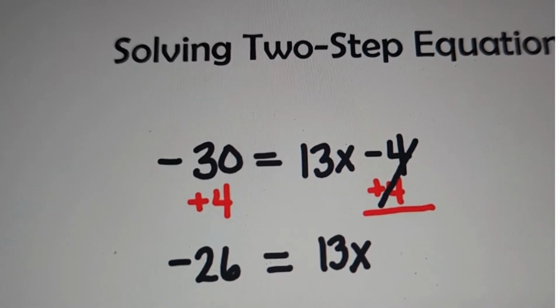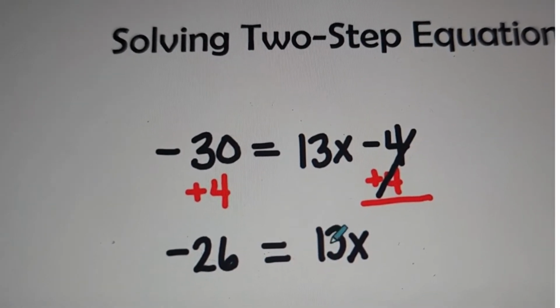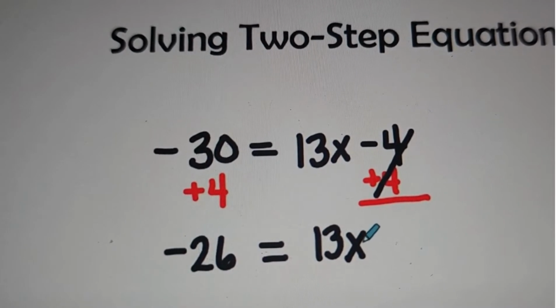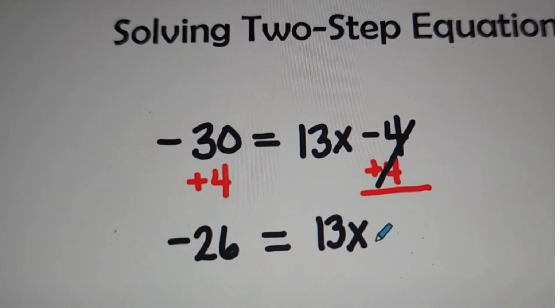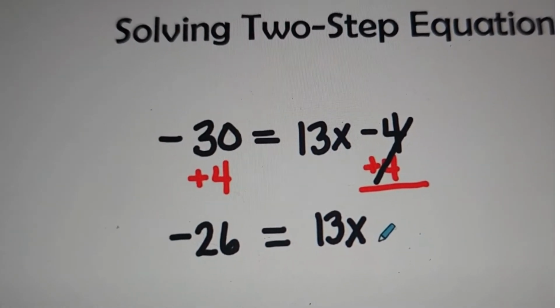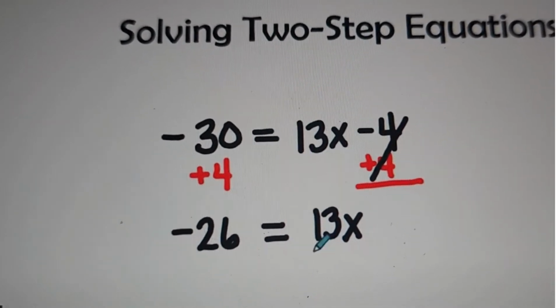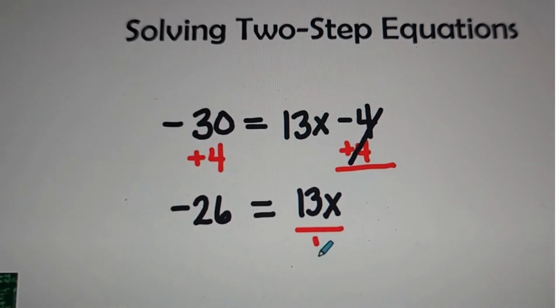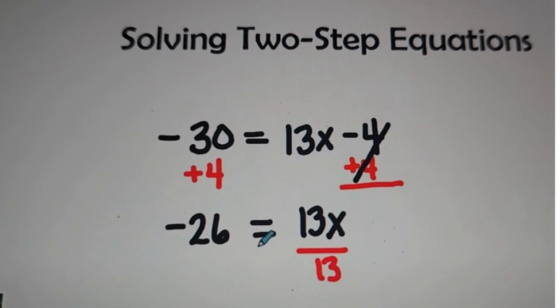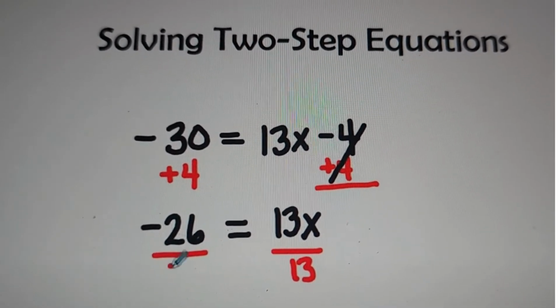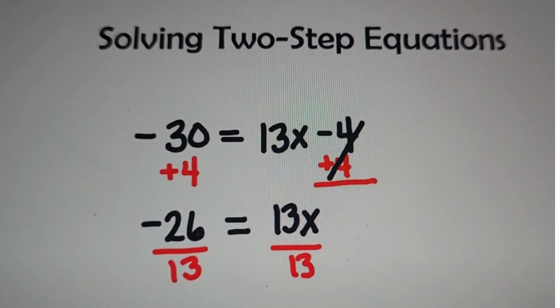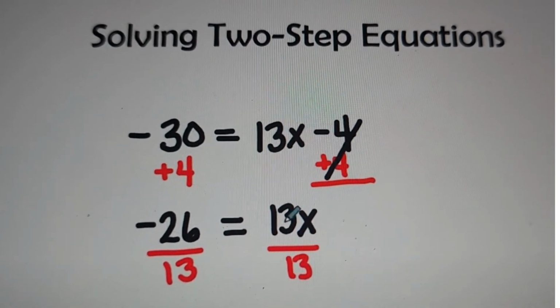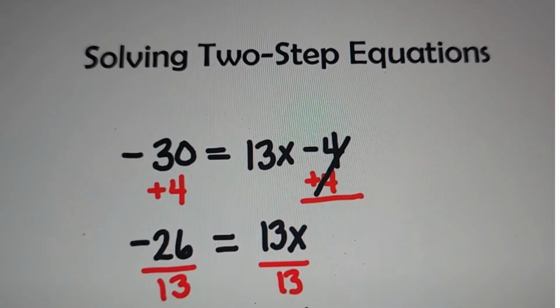The next step we need to see is the 13 is attached to the x. How is it attached? Well, it's with multiplication. So the inverse operation of multiplication is division. And so we're going to go ahead and divide both sides by 13. Now 13 divided by 13 is x.